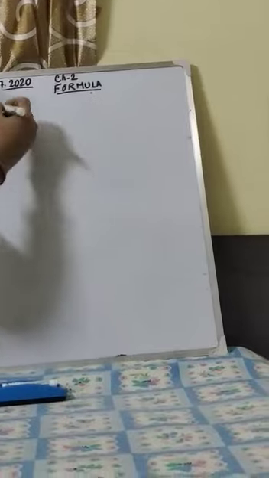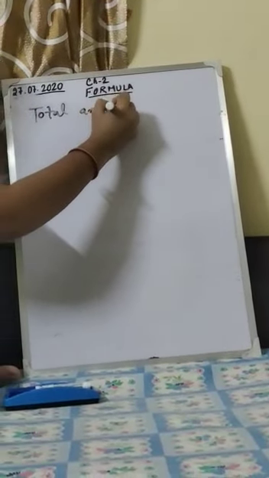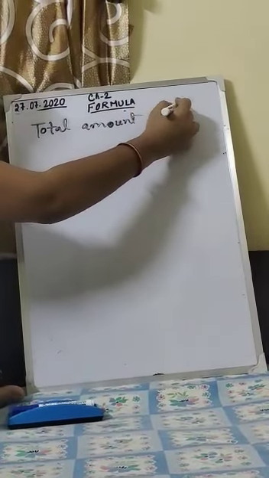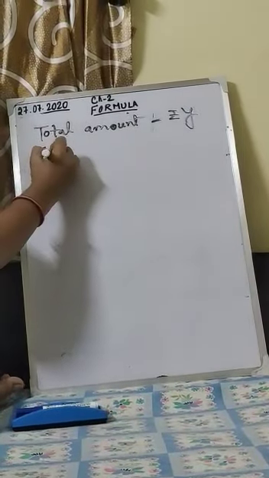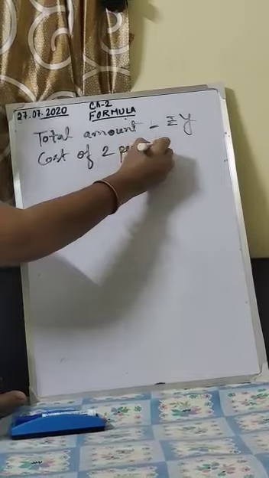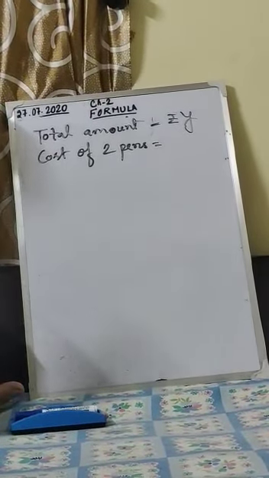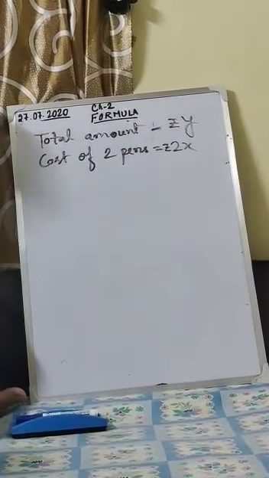Now it is said that the total amount is rupees y, right? So the cost of 2 pens, where 1 pen is x, is 2 into x rupees, right?